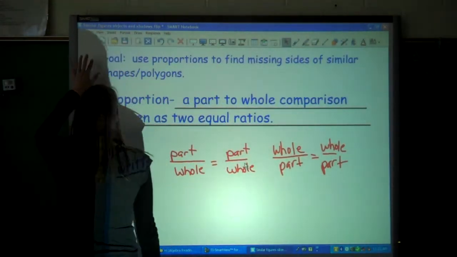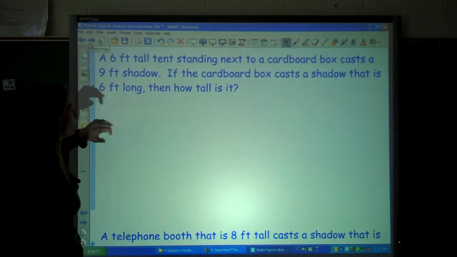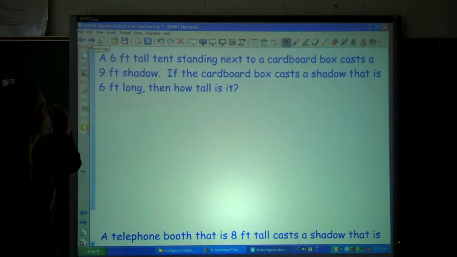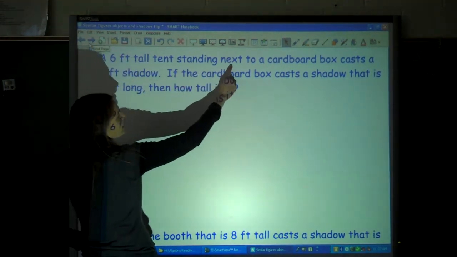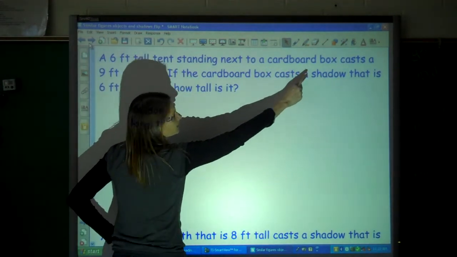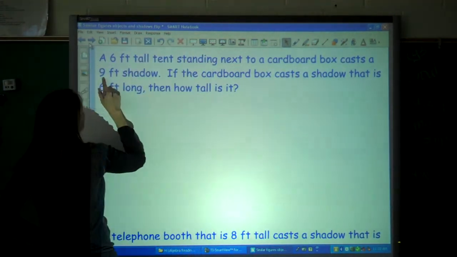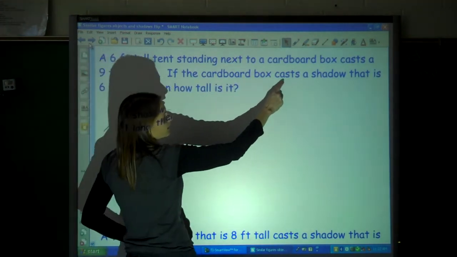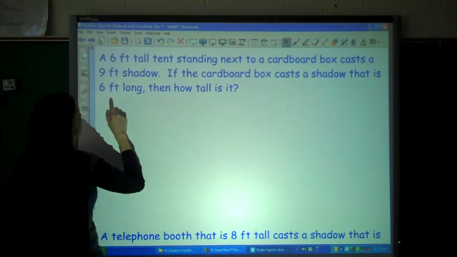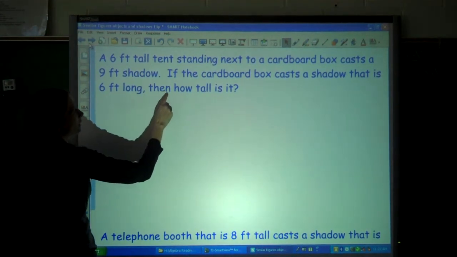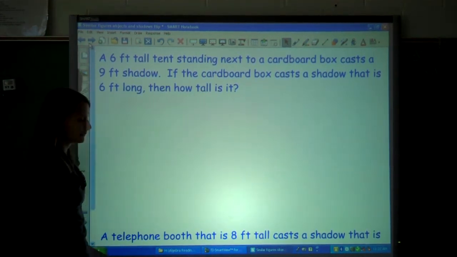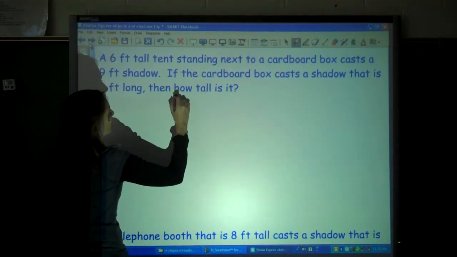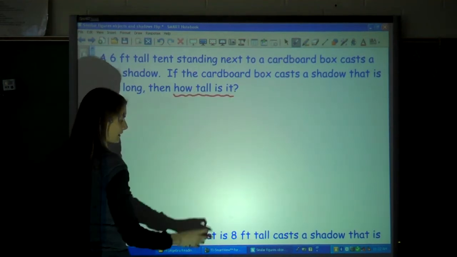Okay, let's move on to some of our problems. For our first problem, we have a 6-foot-tall tent standing next to a cardboard box, cast a 9-foot shadow. If the cardboard box cast a shadow that is 6 feet long, then how tall is it? So I'm going to underline my question, how tall is it?